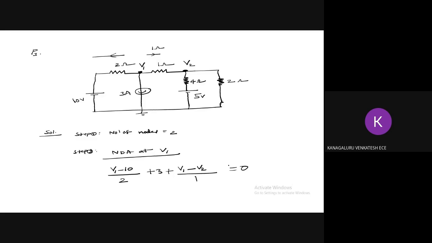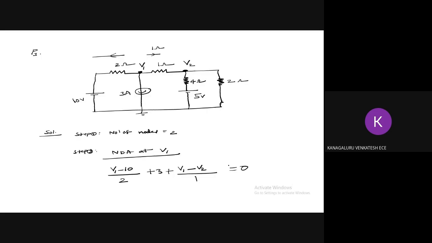Yeah, it is always V1 minus V2 when you are applying nodal analysis at V1. When you are applying nodal analysis at V2 side, I mean the second node side, it is going to be V2 minus V1 always. To which node you are applying, you assume that node potential is greater than the other node. Okay, sir. Yeah, so it is a good question. So it is V1 minus V2 by 1, so that equal to 0.